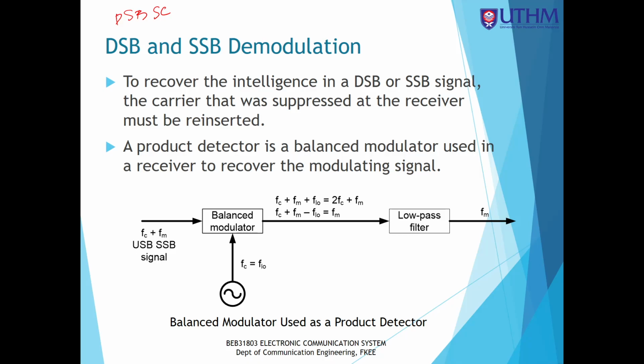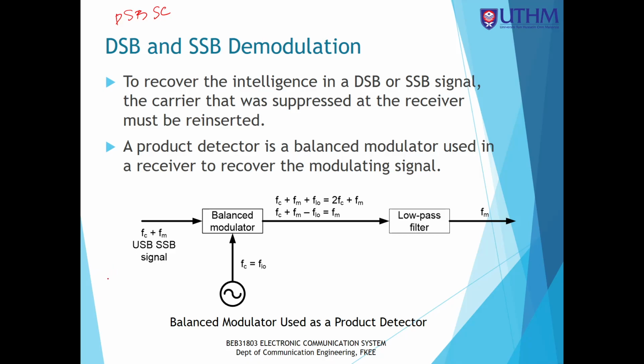Okay, so for example here, we need to use a balanced modulator at the receiver in order to produce the original output VMT.